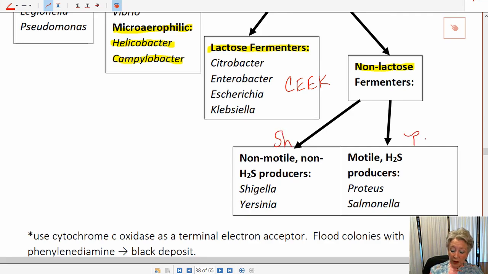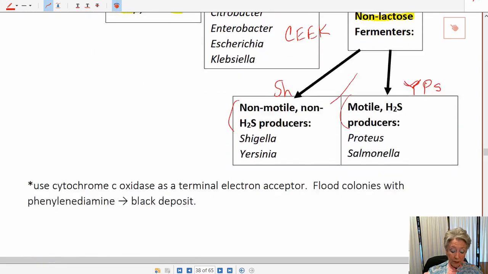So the mnemonic that I have been using for many years is CEEK SHIPS to give you the entire group. Notice that the SH and YPS portion of that memory tool separates the non-motile ones who don't produce gas and the motile ones who do produce hydrogen sulfide gas. Okay?